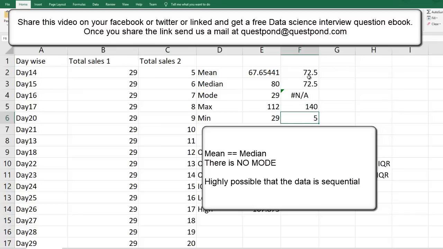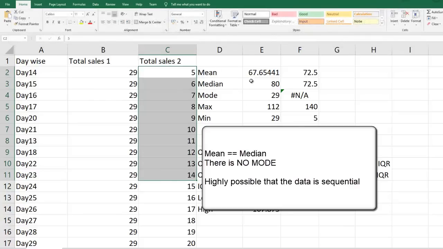So by using the mean, median and mode, you can find out the nature of your data set and describe it. For example, I can now describe that my data set is sequential. When the mean and the median were very far apart, I came to know that there was an outlier.